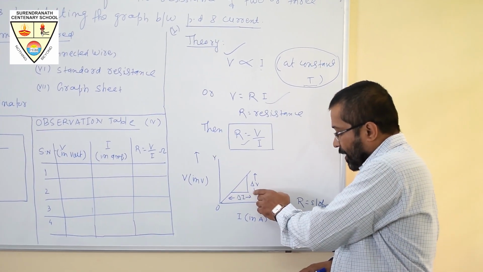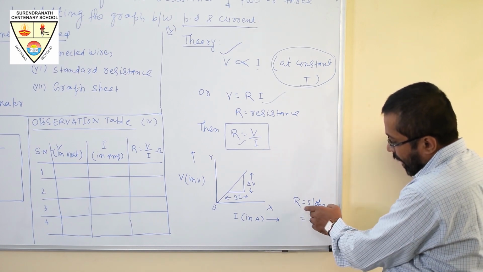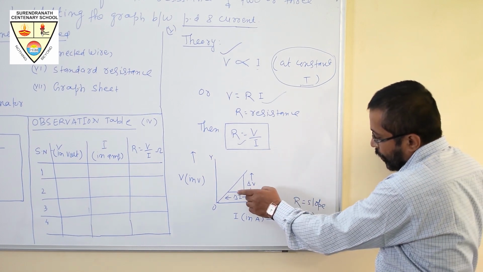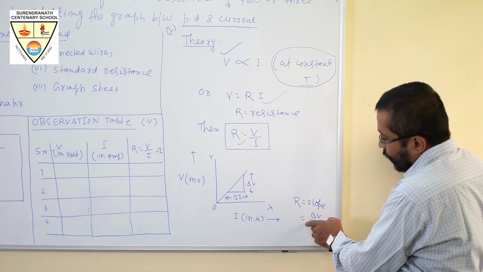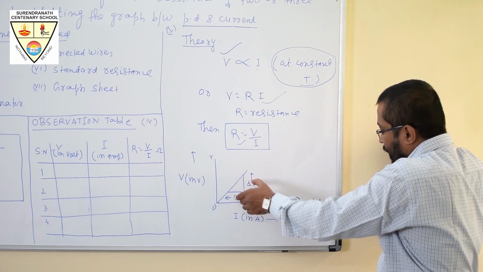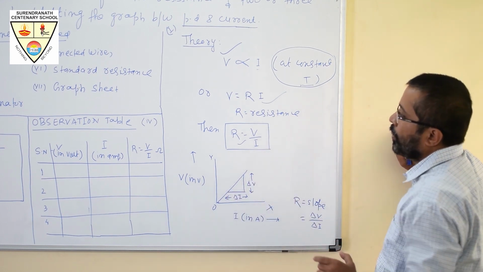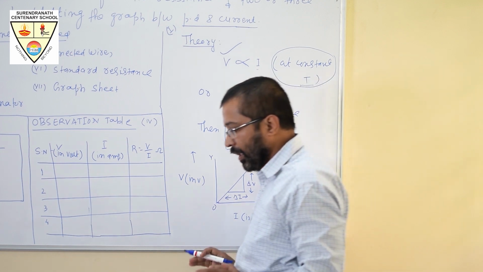The slope of this graph will give you the resistance. R equals slope, and we know slope equals perpendicular upon base. Here it is delta V upon delta I. So it's all about theory.